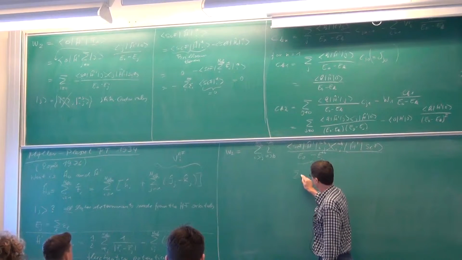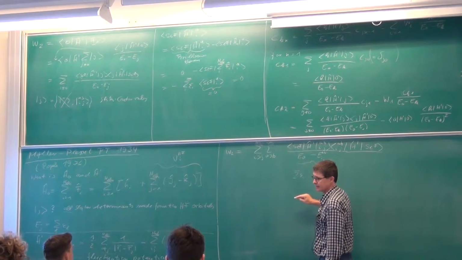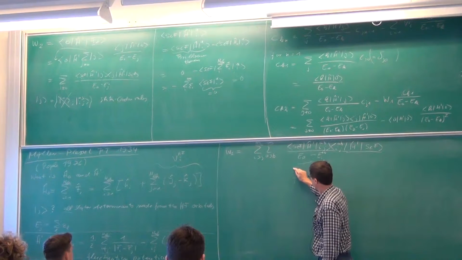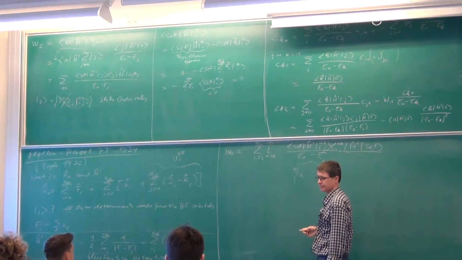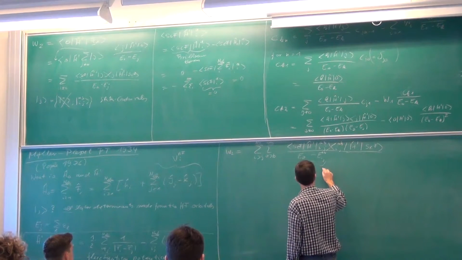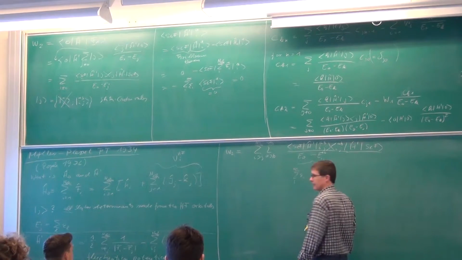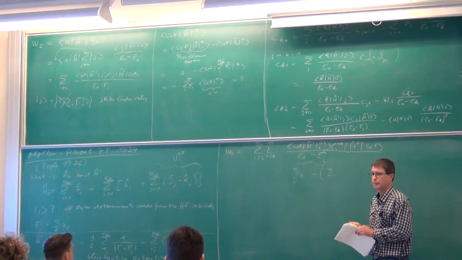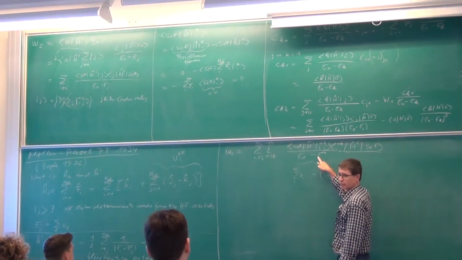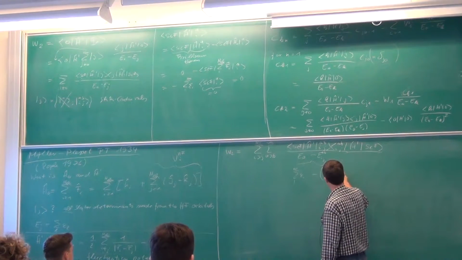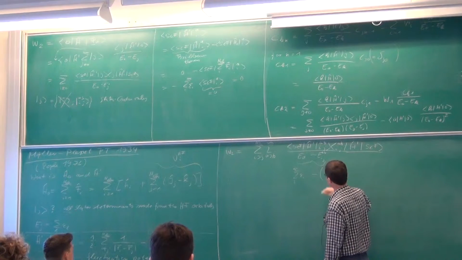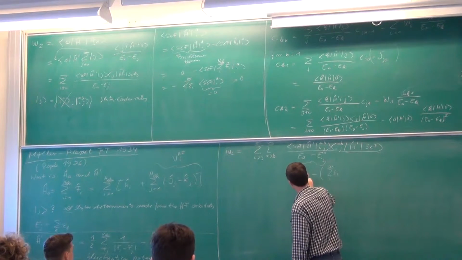Now this is the sum over epsilon I, all occupied, but minus, now before I made the double replacement, that was also a sum over all, well, let's call that K for a second.